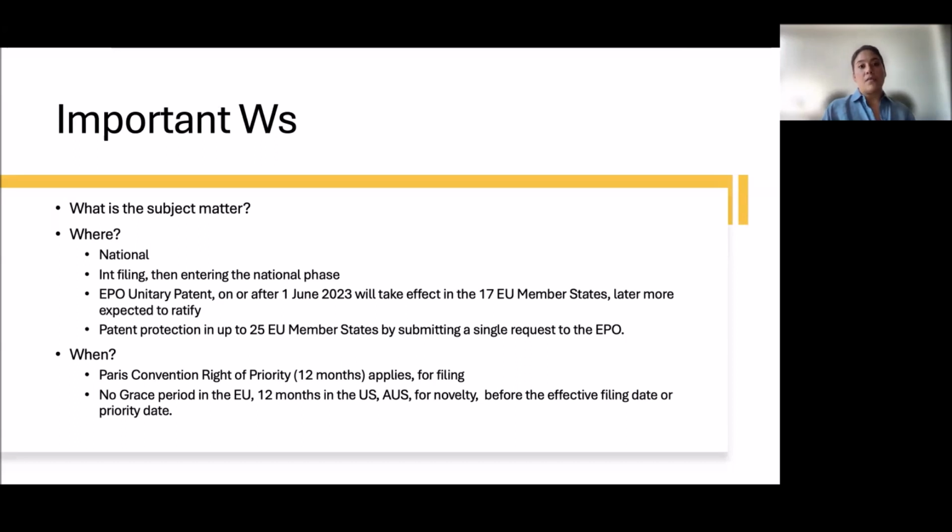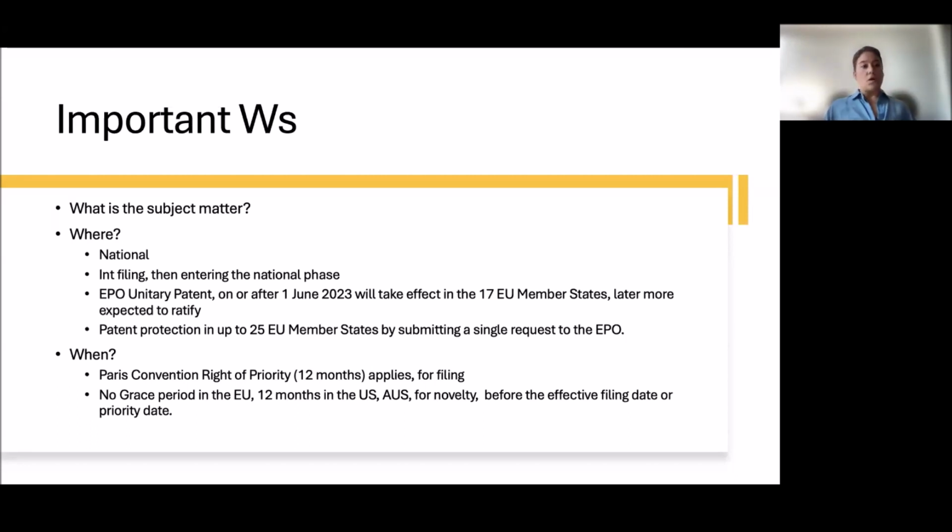This is important because your invention's novelty will be assessed on the date of primary filing. So state of the art stops when you apply for a patent in a signatory of the Paris Convention. So it's called right of priority. And this could be really tricky. There could be several priorities for several claims. It could be really complicated.